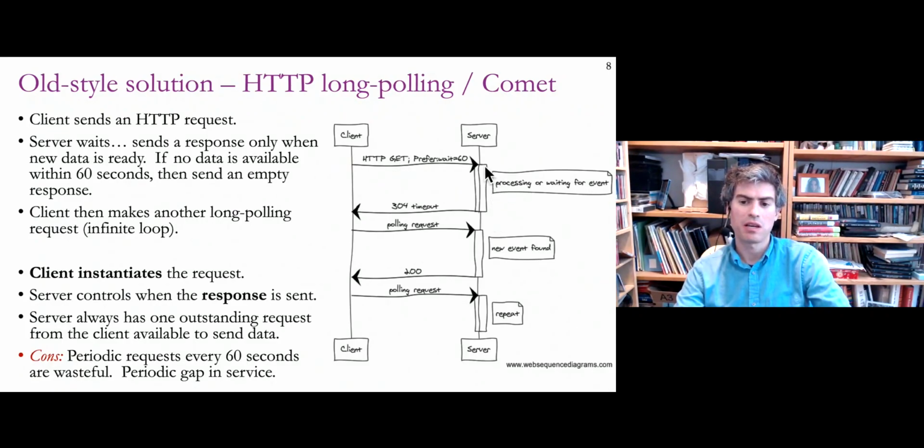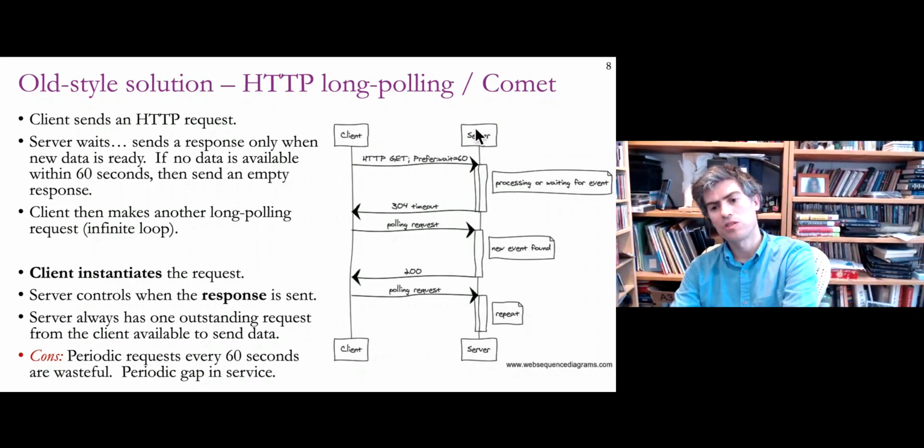It would actually just keep that connection open and wait to give a response, because it was waiting until it might have some data available. So it could wait, let's say, up to 60 seconds before giving a response. After 60 seconds elapses, it might give a timeout response, and the client would say, okay, I made a request with no data, you told me after 60 seconds that it timed out, so I'm going to make another request. And it kept going on.